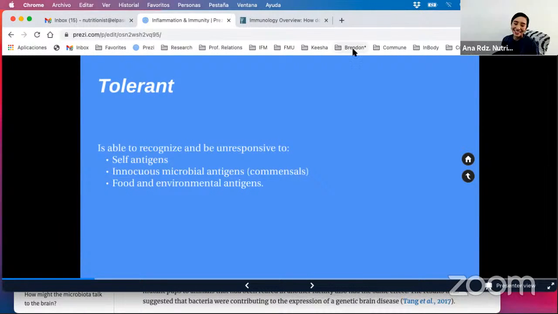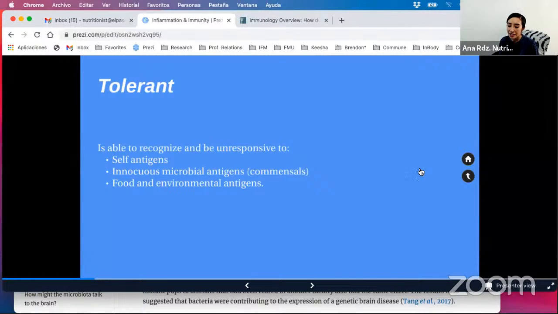And it has to be tolerant, as you said before. There are going to be good guys and bad guys, and it has to be able to recognize that most of the guys that are going inside of our system are not bad guys. If they are microbes that might be able to colonize our gut and they are good for us, then it might want to tolerate them inside of our gut.